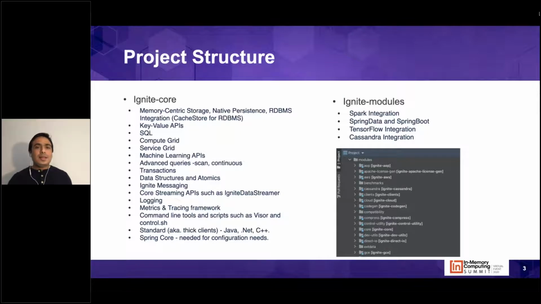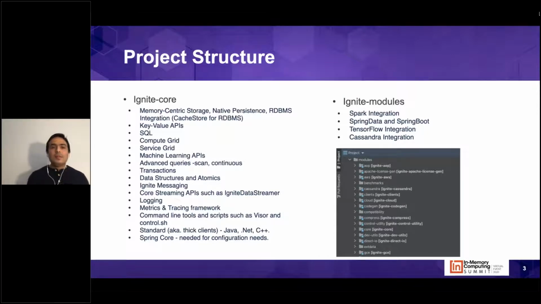We have native persistence, which allows us to store the data on disk. And then we have integration with RDBMS, so you can use a PostgreSQL database as a backup for your data store. If your memory storage is low and you want to persist your data into an RDBMS, that can also be done.